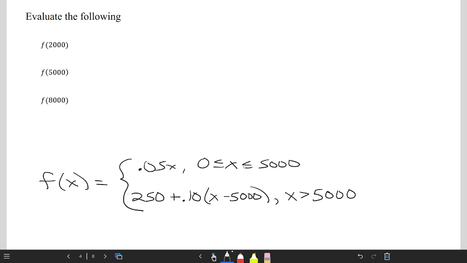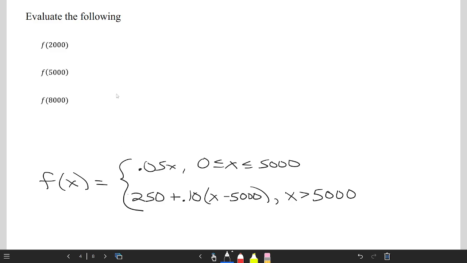And that's essentially what we can do with the expression that we have here. We know that 2000 is between 0 and 5000. So we know to ignore this altogether, right? We know to ignore it because it wasn't valid for anything less than 5000, and that's specified here. So since 2000 is less than 5000, we're being charged 5 cents per gallon. So anytime you're asked to find f of something, right, you're substituting that number in for x. With a piecewise function, you have to know which piece you're substituting it into.